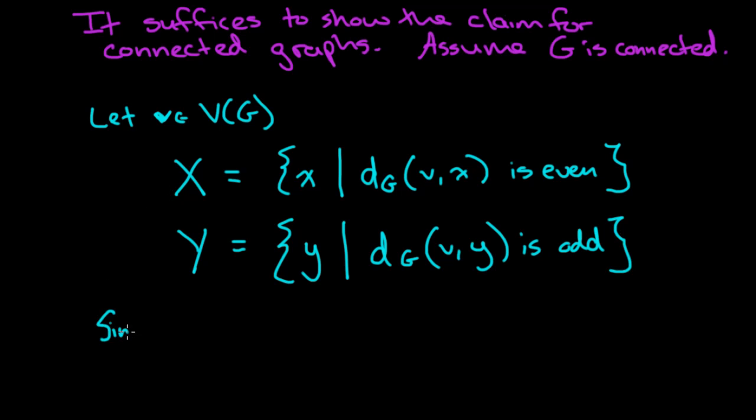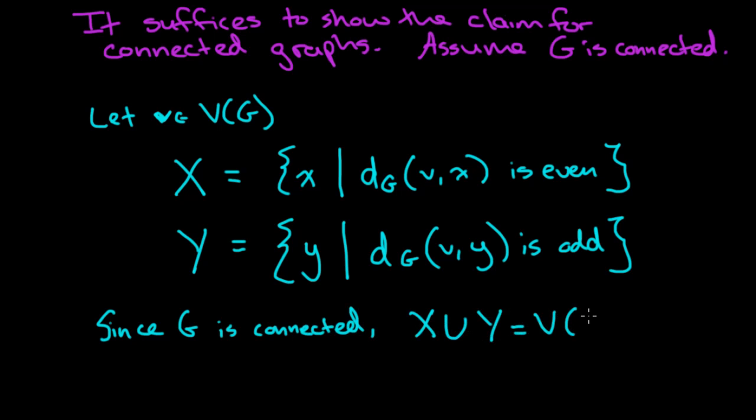Since G is connected, we know that X together with Y is going to cover all of the vertices. Why is this? Well, if you look at any vertex in the graph, it will have to either have even distance or odd distance from the vertex that we've chosen, vertex v. And that's because the graph is connected. So there will be a path that goes from that particular vertex to our vertex v. Okay, so that just means that you've covered all of the vertices, and that holds.